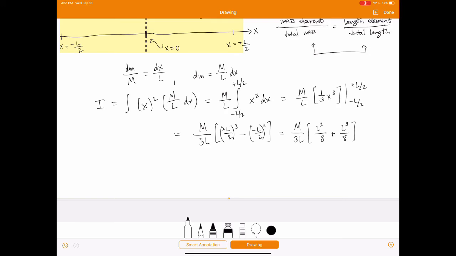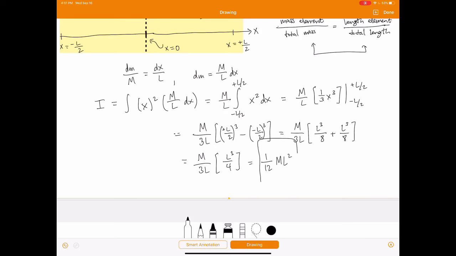All right, so in other words, I have M over 3L times L cubed over 4, which is how I could simplify that by adding L cubed over 8 to L cubed over 8. And so overall, I have a factor of 1/12 M times L squared.